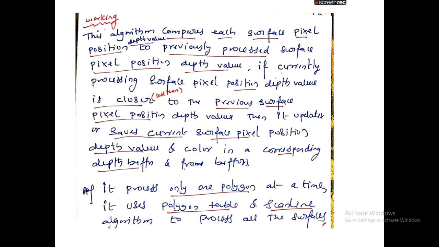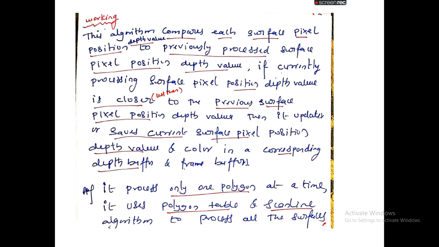The first buffer is called the frame buffer. The frame buffer stores the color information of every front face of the polygons which is visible to the observer.